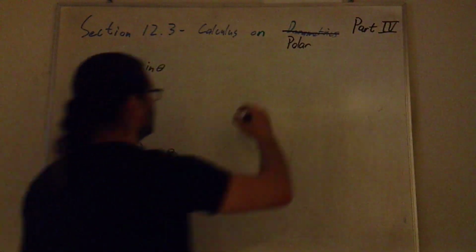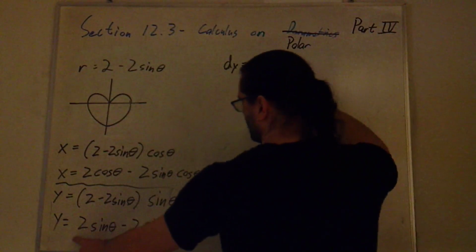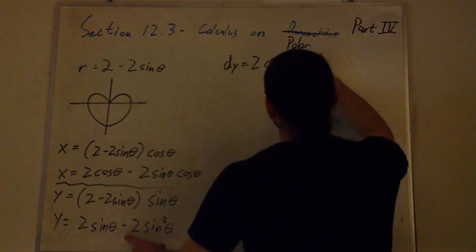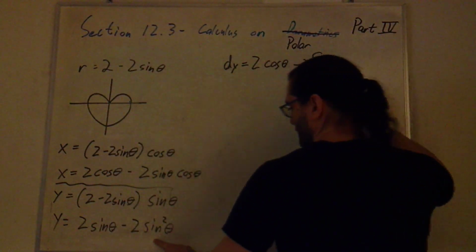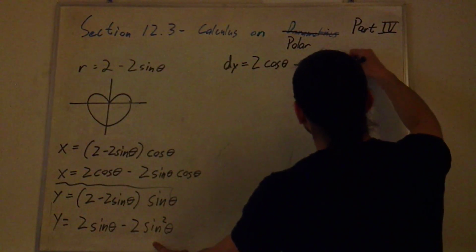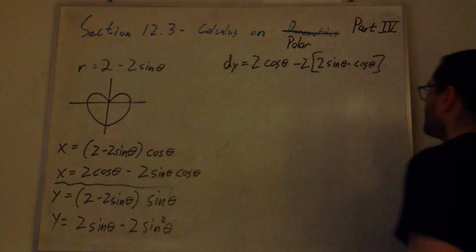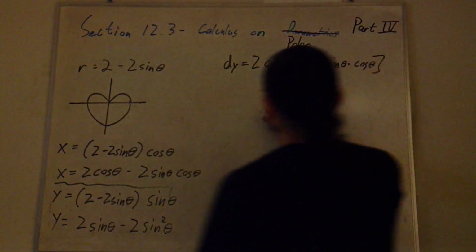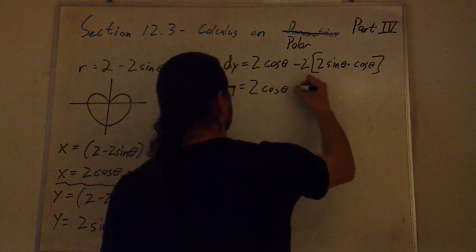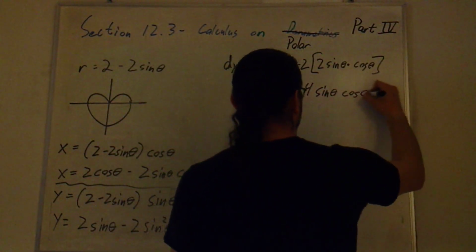Let's just fly through it. dy equals 2 cosine theta minus 2 times the quantity derivative of sine squared, which should be 2 sine theta times cosine theta, which I can clean up a little bit: 2 cosine theta minus 4 sine theta cosine theta.